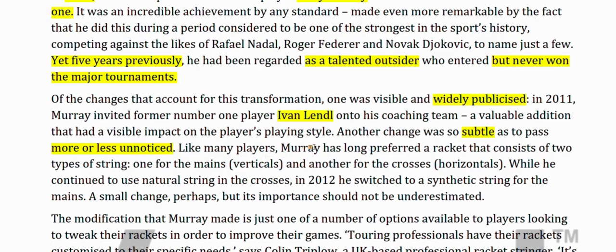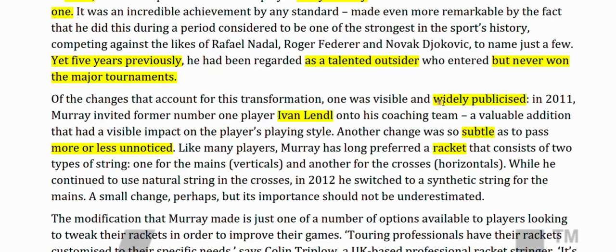Like many players, Murray has long preferred a racket that consists of two types of string, one for the mains, the verticals, and another for the crosses, the horizontals. While he continued to use natural string in the crosses, in 2012 he switched to a synthetic string for the mains. A small change perhaps, but its importance should not be underestimated. So he changed something in his racket, but the change was so subtle that it went more or less unnoticed.